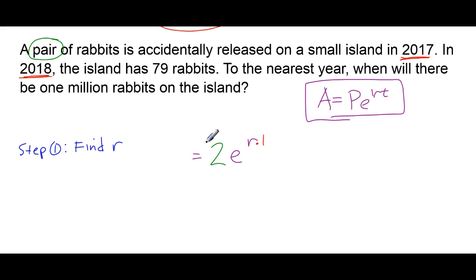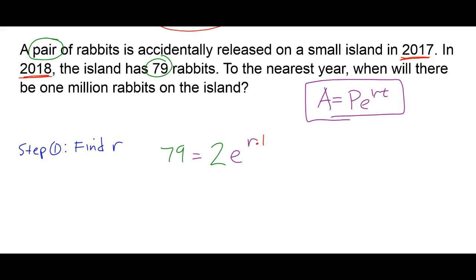And the 79 rabbits is the final amount in that 1 year. So this is sort of a mathematical description of what happened in that first year. From 2017 to 2018, the amount went from 2 to 79, the length of time was 1, and we don't know what R is. This is an exponential equation like we learned how to solve in 12.6.